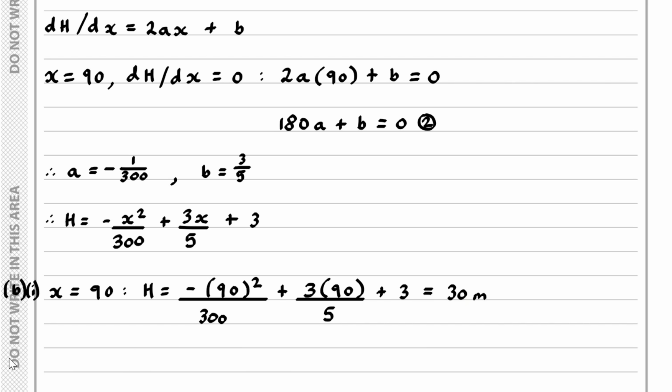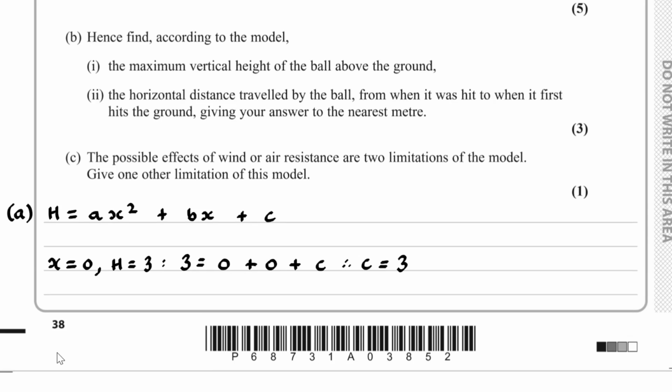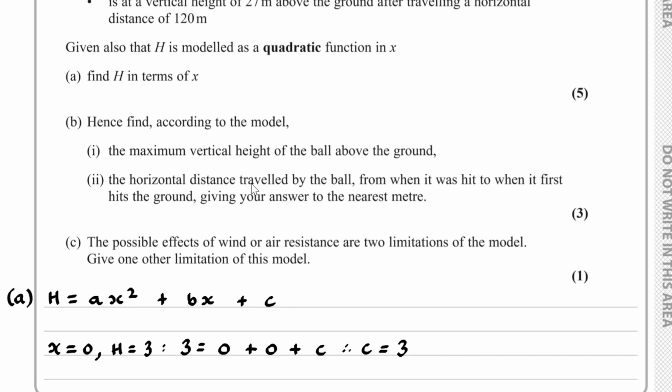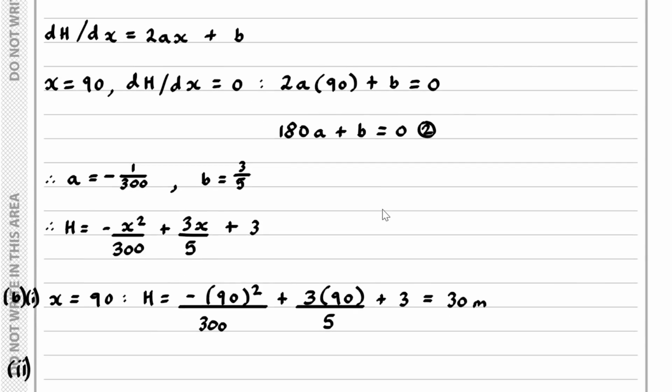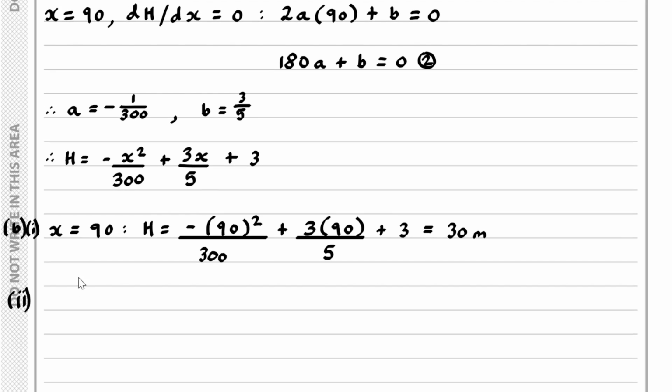And now for the next part, we have to find the horizontal distance travelled by the ball from when it was hit to when it first hits the ground, giving an answer to the nearest meter. So of course, when it hits the ground, that's when h is equal to 0.